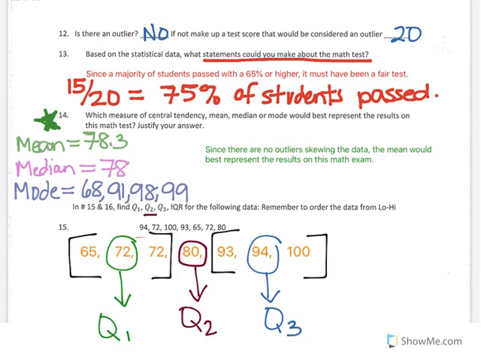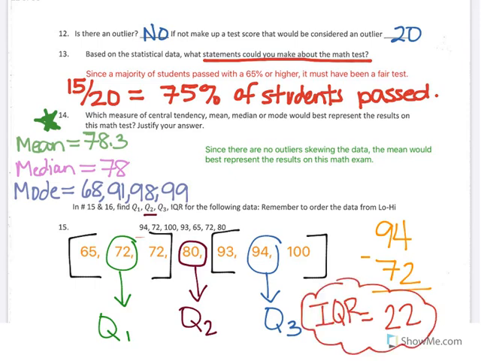Then I need to find the interquartile range, and that is always going to be the highest quartile, so 94, minus the lowest quartile, 72, and I will end up with my interquartile range is 22. And that's all we had to find. So again, quartile 1, 72, quartile 2, 80, quartile 3, 94, interquartile range 22.